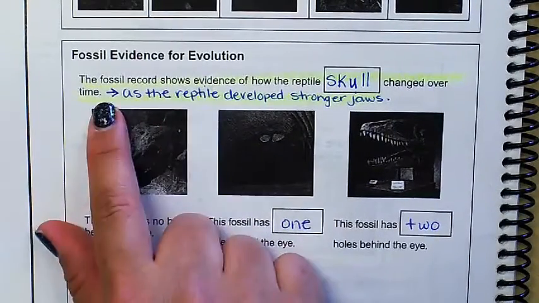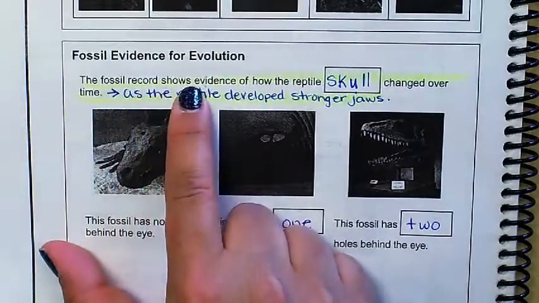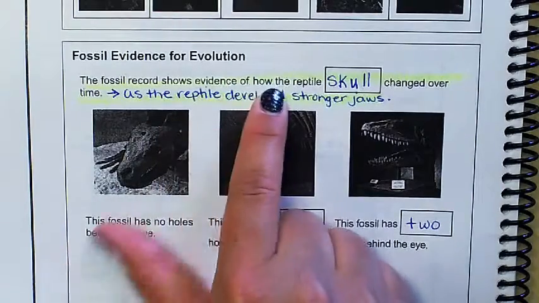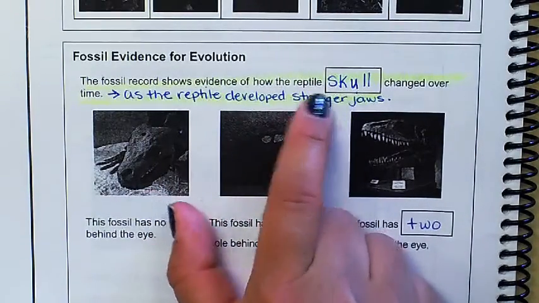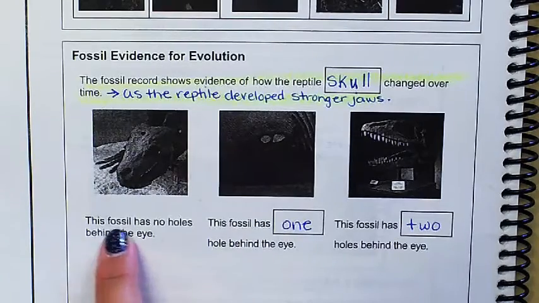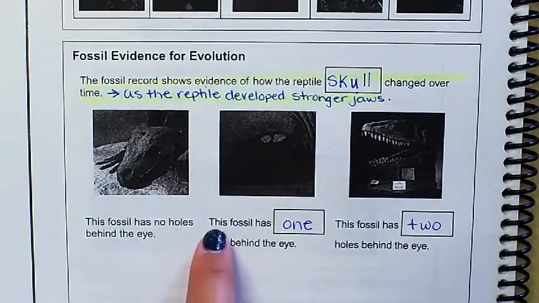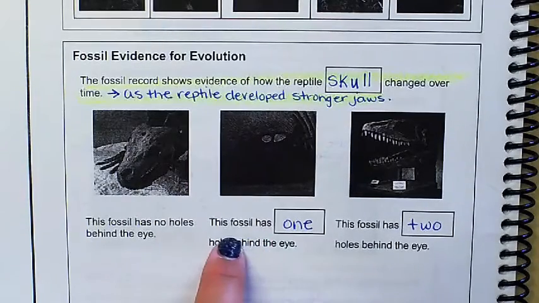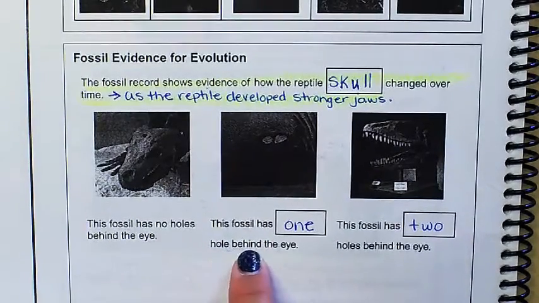Fossil evidence of evolution. The fossil record shows evidence of how the reptile skull changed over time. At one point, reptiles had no holes behind the eyes. Then this fossil, quite a few years later, had one hole behind the eye.